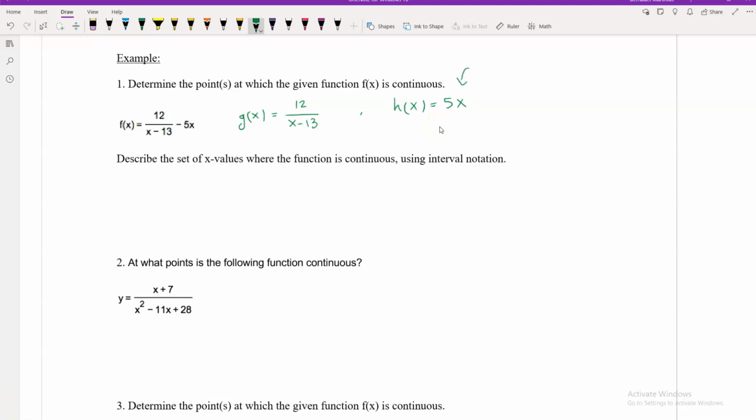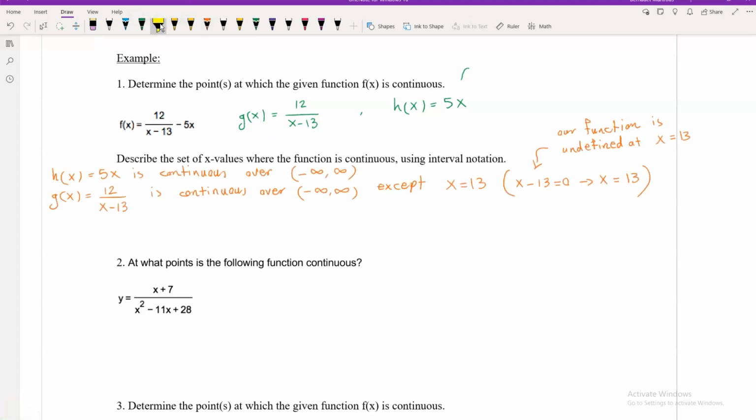Thus, h of x is the product of a constant function and the identity function, and both of these are continuous over negative infinity to positive infinity. But g of x is continuous on negative infinity to positive infinity, except that what we have in the denominator is x minus 13, so that shouldn't be equal to 0. So it's except x equal to 13.